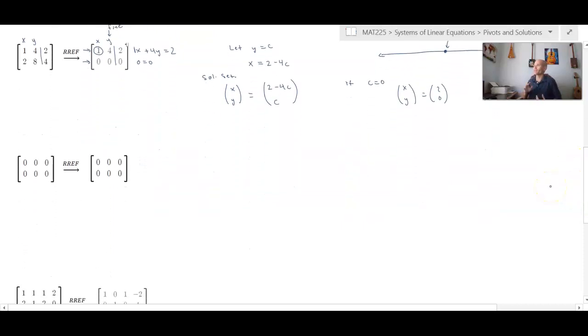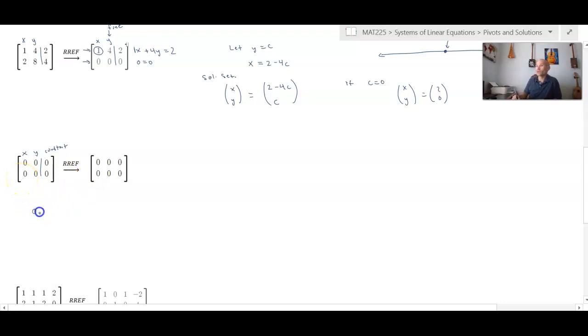Now, here's a really trivial type of case. This case is not very interesting because ultimately the equations that we have here are 0x plus 0y equals 0 and 0x plus 0y equals 0.